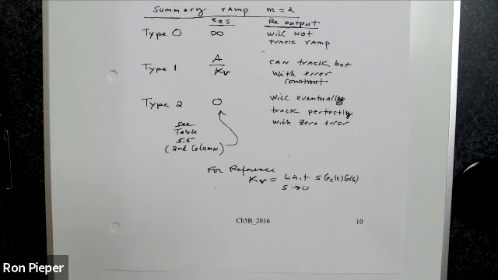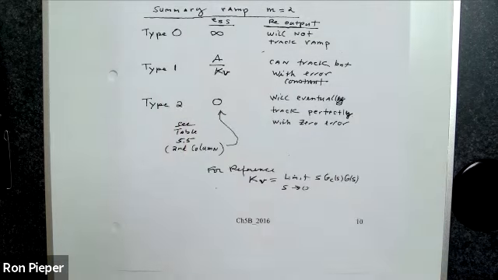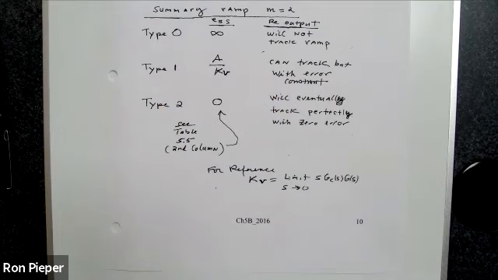And if n is less than that condition, then your type is not high enough and you end up with an infinite steady state error. And if n is greater than that condition, then you'll end up with 0. I mean, you get great tracking. And of course, type 3 would be higher than type 2, so we're not surprised. All right.